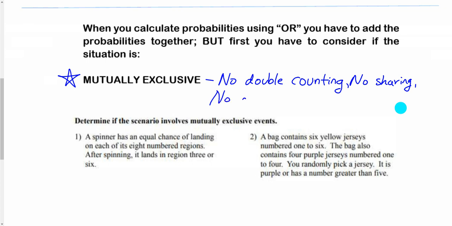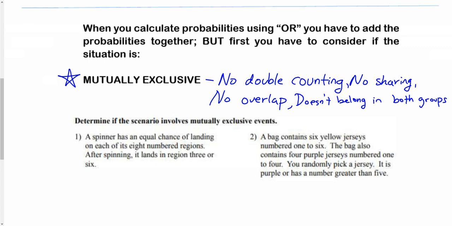No overlap. Every single one of these things that I'm writing down means the same exact thing. Doesn't belong in both groups.